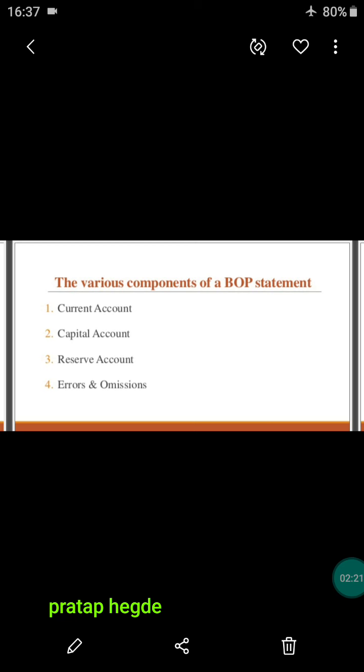The third one is the reserve account, and the components of balance of payment also hold a place for errors and omissions. So basically the components of a balance of payments are nothing but the balance statements of a country, similar to the balance sheet of an industry or a financial institution. So the balance of payment statement holds a record of a country's current account, its capital account and reserve account also.